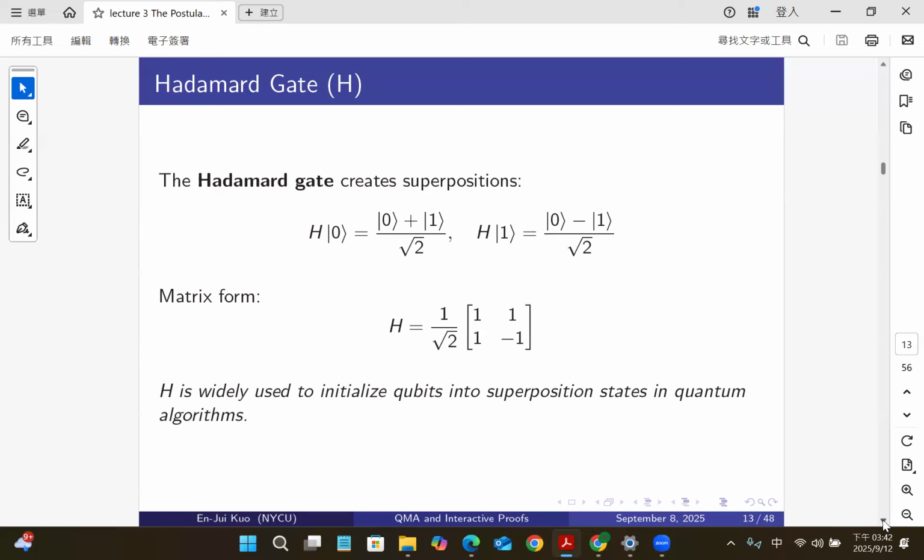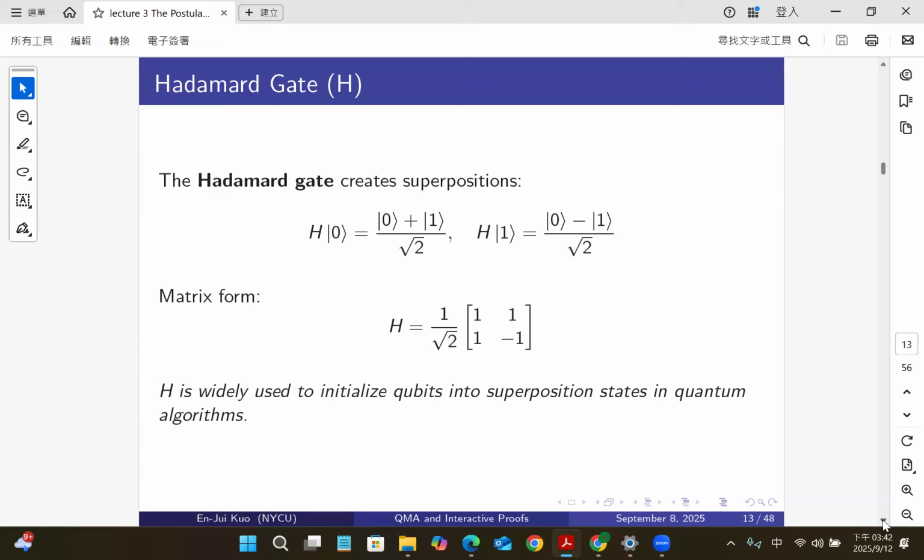If you notice this is true, then by definition you already know plus is H applied on 0. So H applied on plus will be H squared, and H squared is 1, so H applied on plus will give you 0. So if you compute H applied on 0, you get the plus state, and H plus is 0.